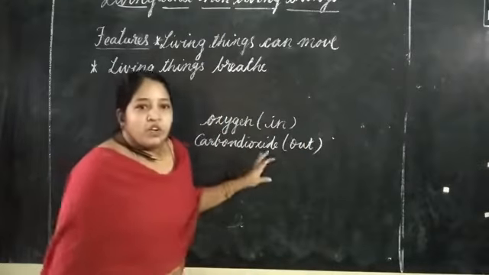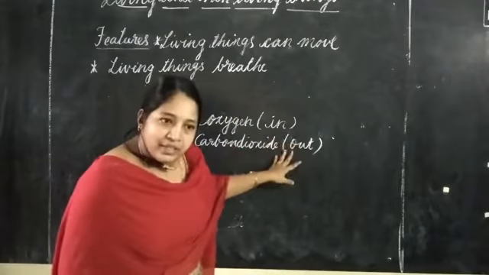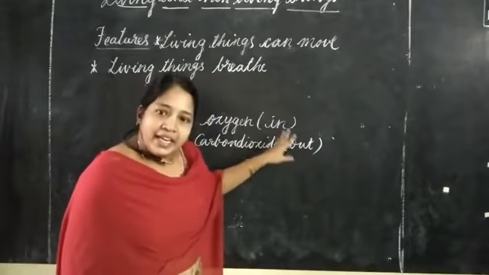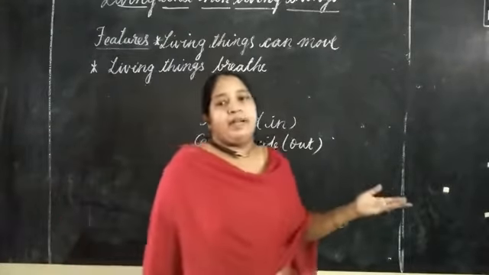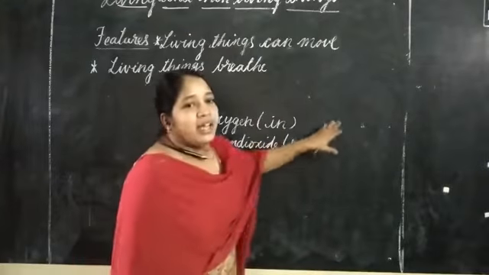Whereas in case of plants, it is totally different. All living things, human beings, they take in oxygen and give out carbon dioxide. Whereas in case of plants, it is entirely different.